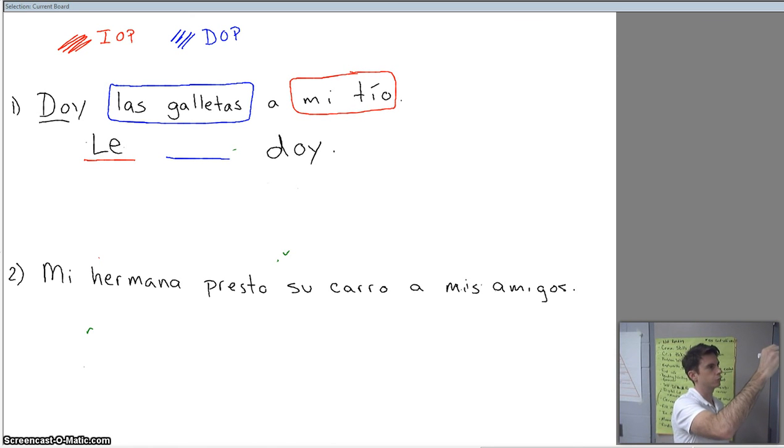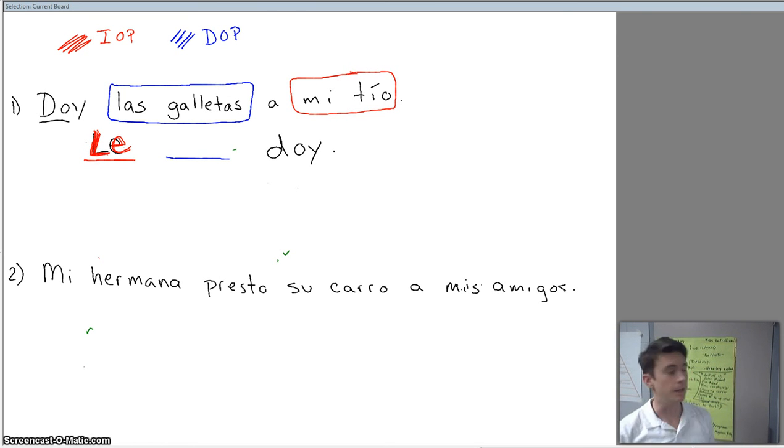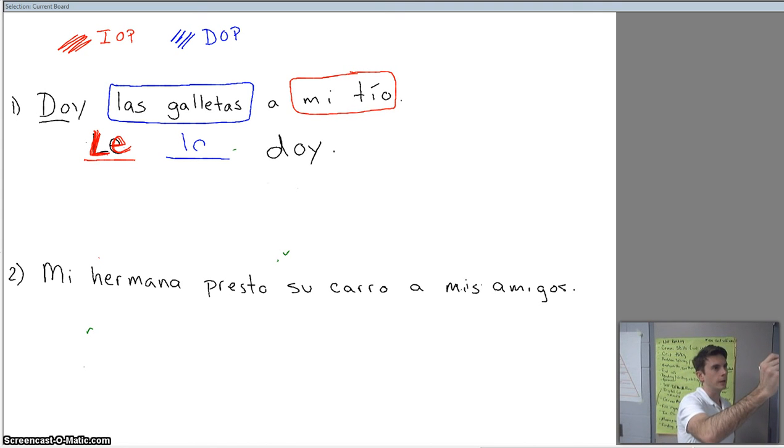Alright, le should be red. I don't want any confusion there. Now, the blue, our DOP would be las, for las galletas, feminine, plural. But the trick is, we can't have L and L, okay?